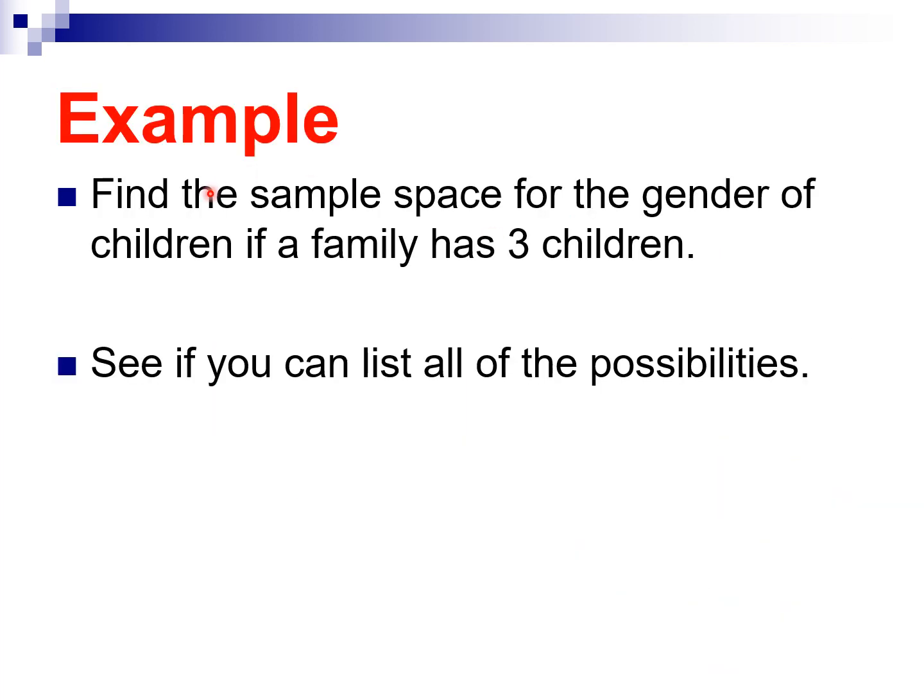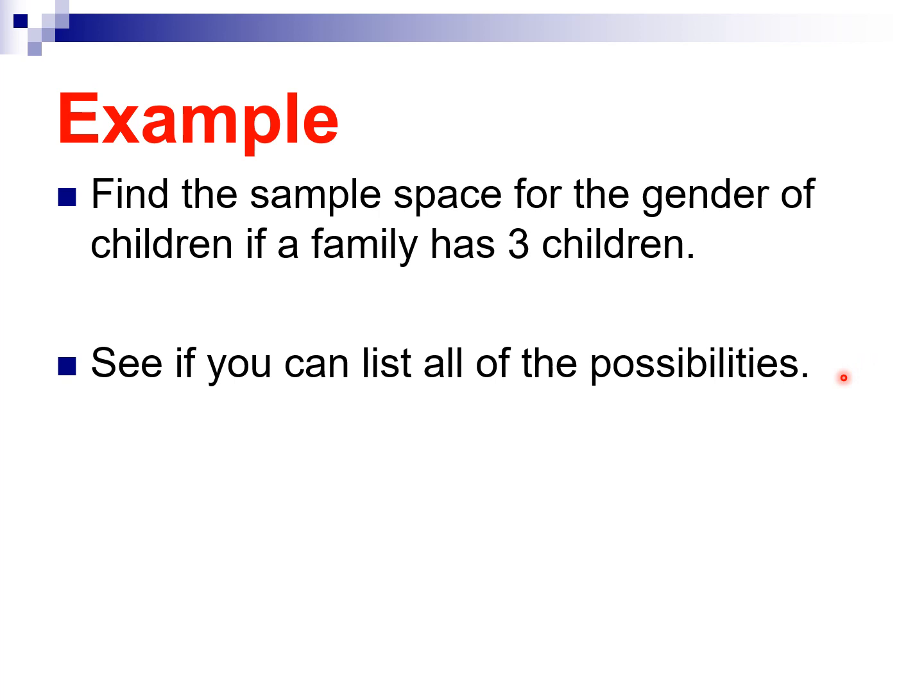Now let us have another one. Find the sample space for the gender of children if a family has 3 children. Talking of gender, it's either a boy or a girl. See if you can list all the possible outcomes.